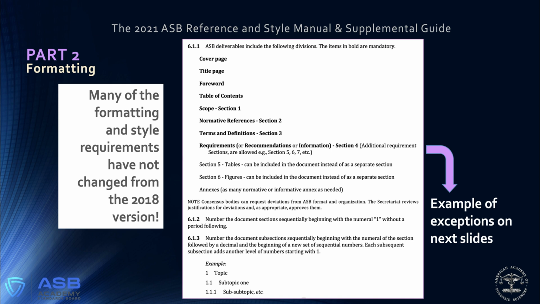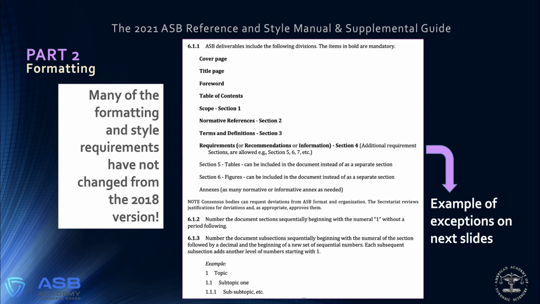Now, part 2 has to do with formatting. A lot of this is going to be familiar to many of you because not much has changed from the 2018 version or even the 2016 version. These elements are still required: cover page, title page, foreword. I will note that the required language for the foreword in one area has changed.